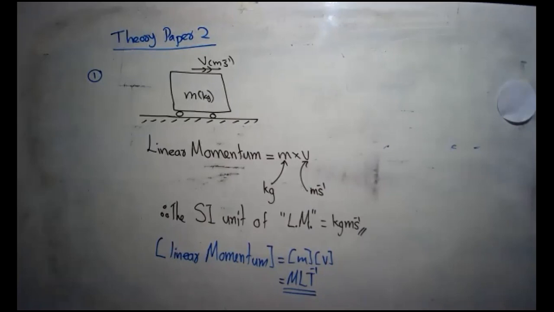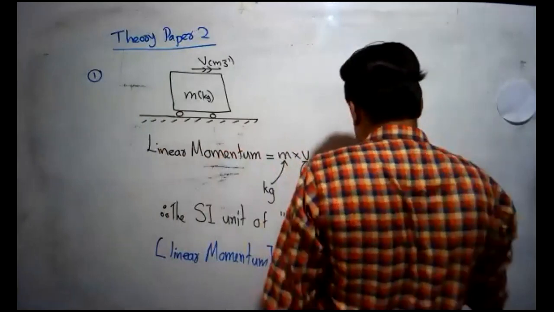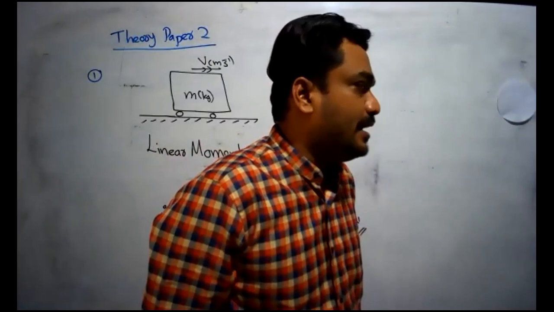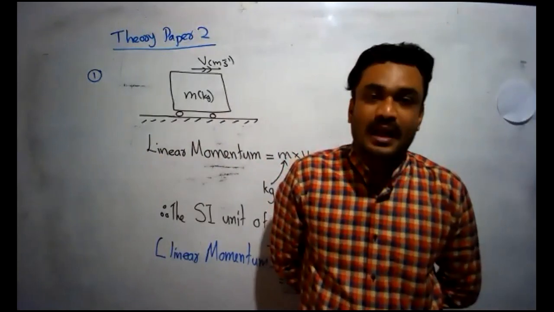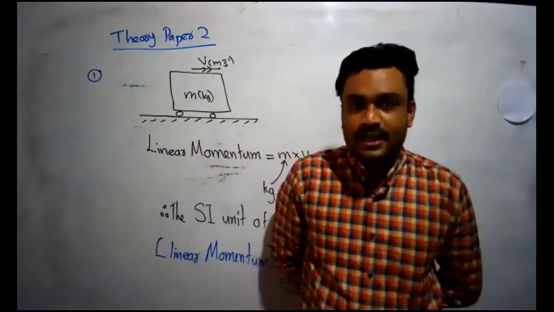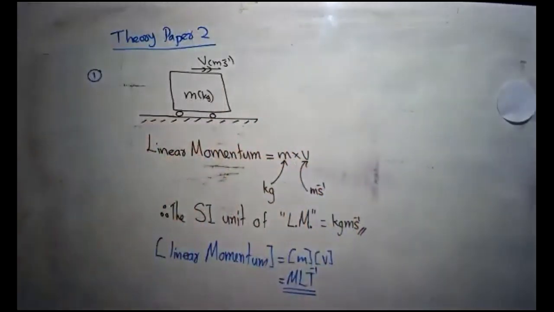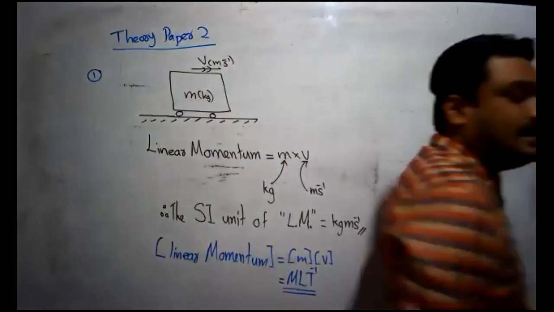And then please write: the total linear momentum of an object or a system of objects, comma, is conserved along a direction where there are no external unbalanced forces.